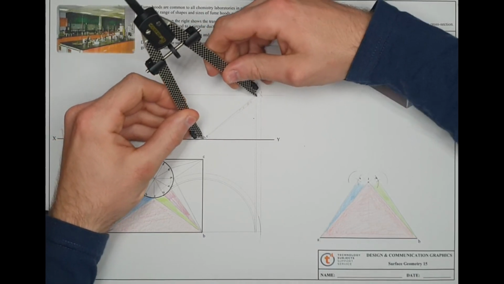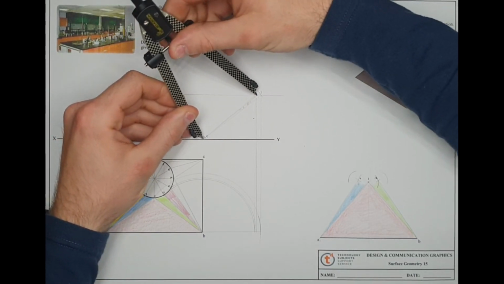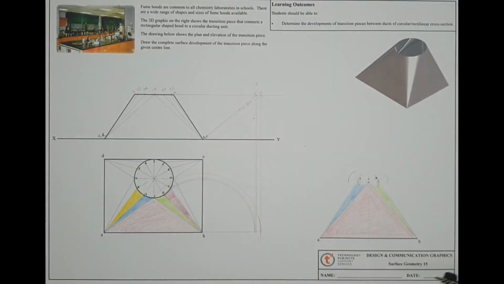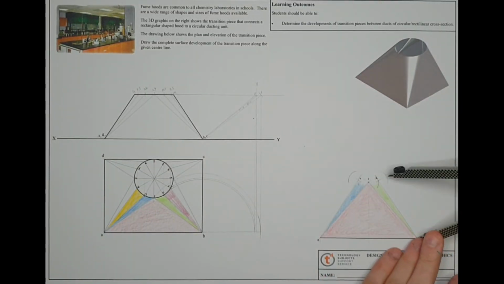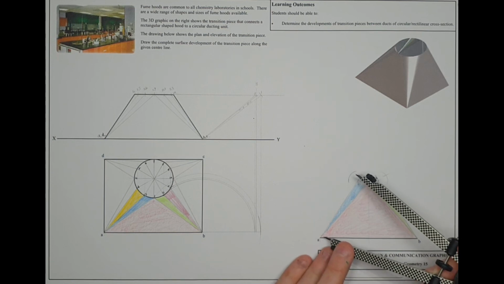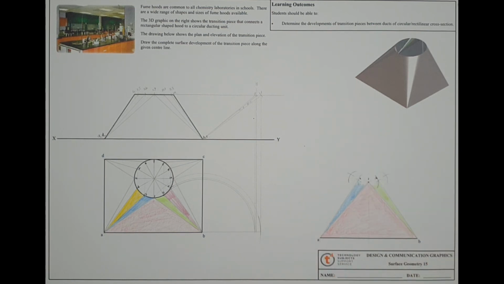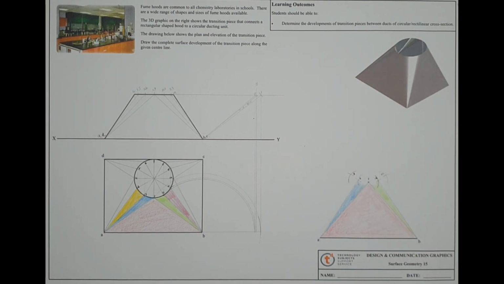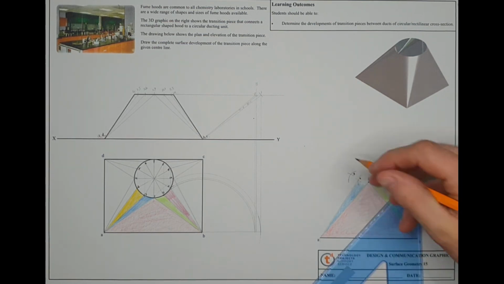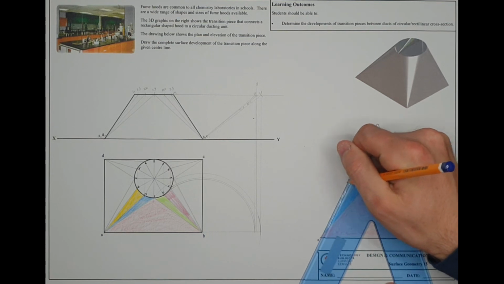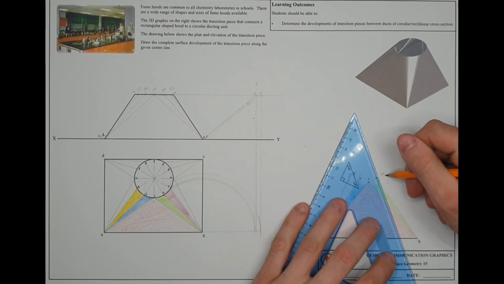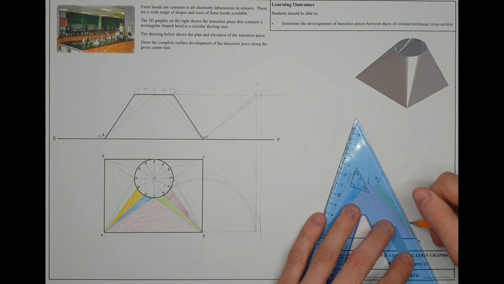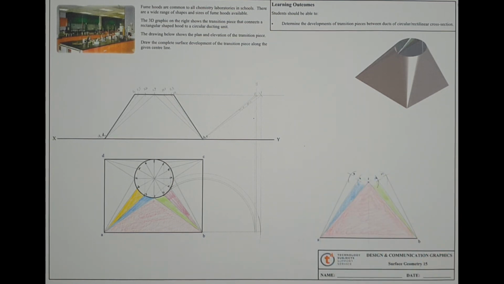We get B to 11, and we strike B11 and A3. With a colour.